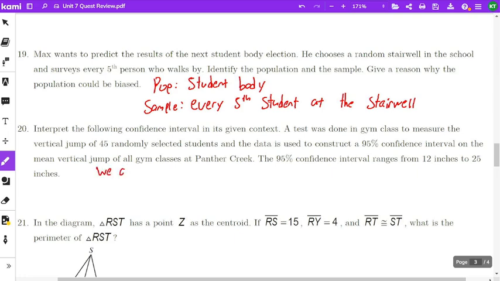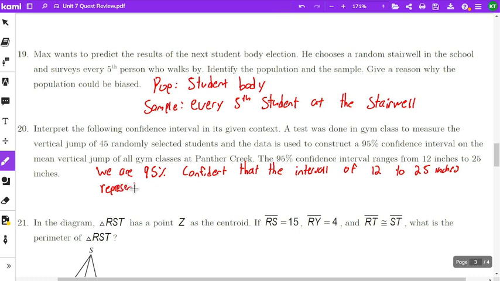This means that we are 95% confident that the interval of 12 to 25 inches represents the true mean vertical jump of students in Panther Creek gym classes.